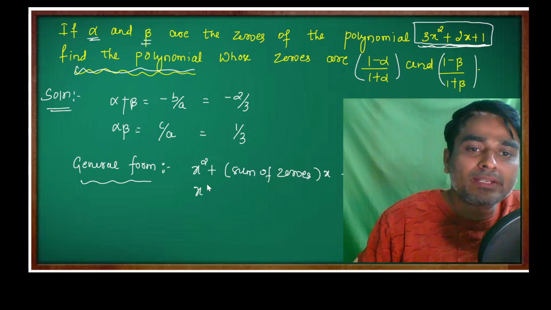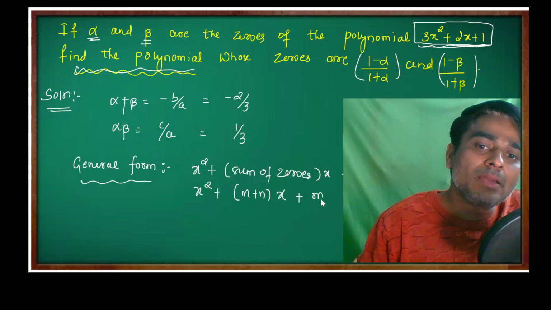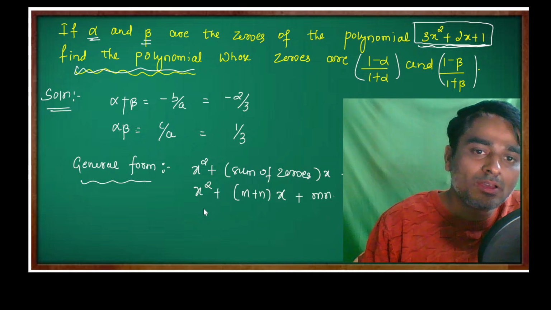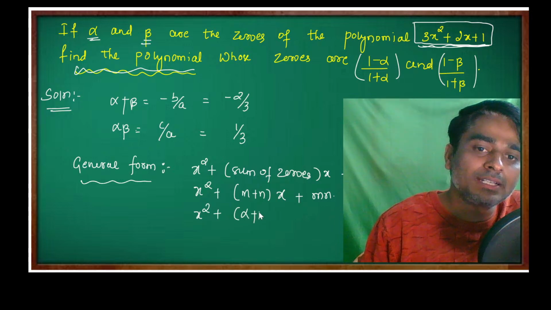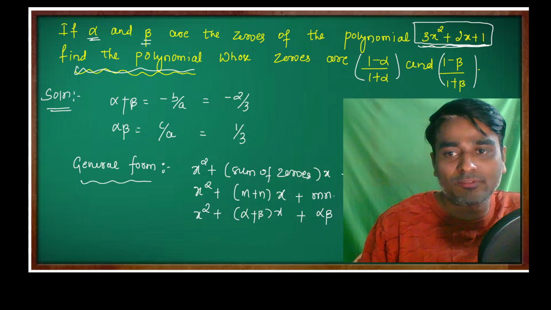This also can be written as x square plus (m plus n) into x plus mn, or you can also write it as x square plus (alpha plus beta) x plus alpha beta. This is the general form of any quadratic polynomial.